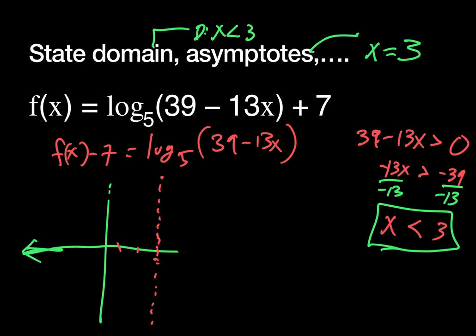If I put in 0 for x, 39 minus 0 is 39. Then I'm going to have some weird number, log of 39 over log of 5. Can find that number, then add 7 to it. It's going to be some type of a value up here. Don't know where it is. Could calculate it if I wanted to, but there's my y-intercept.